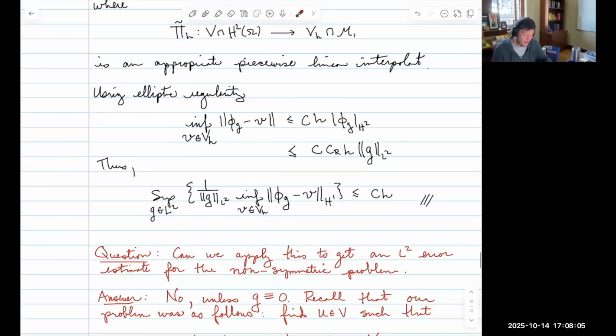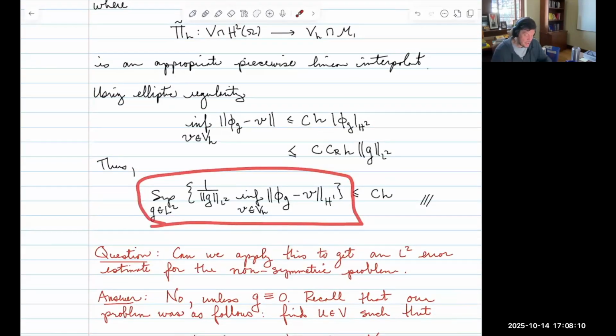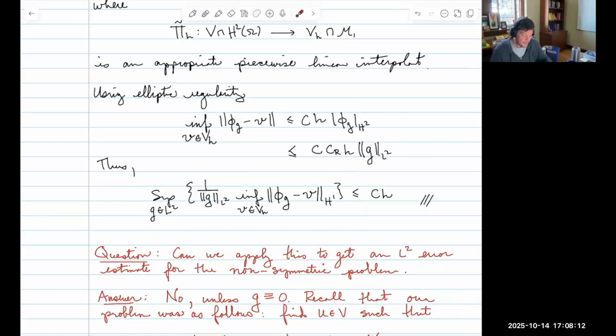Then all we have to do is investigate this whole business, which is that part of the Aubin-Nitsche lemma, and it has all these terms in there. Let's take this part here and replace it by all that.